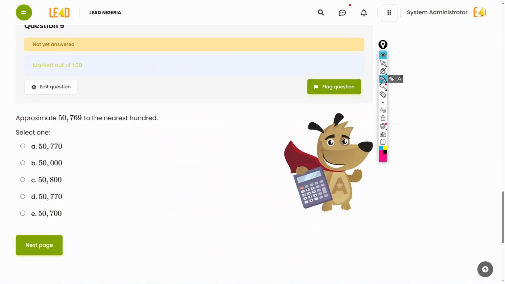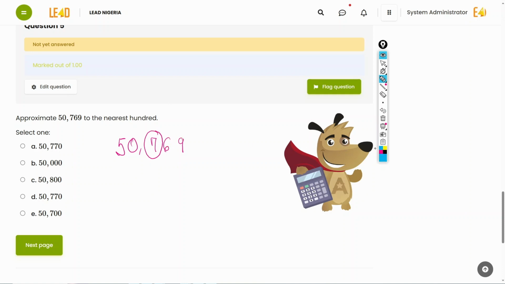Approximate 50,769 to the nearest 100. So where are we approximating to? We are approximating here to the nearest 100. We'll test the next digit, which is a strong number. 6 is a strong number.